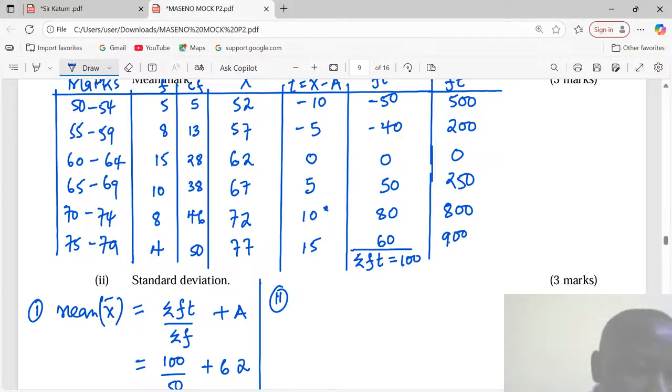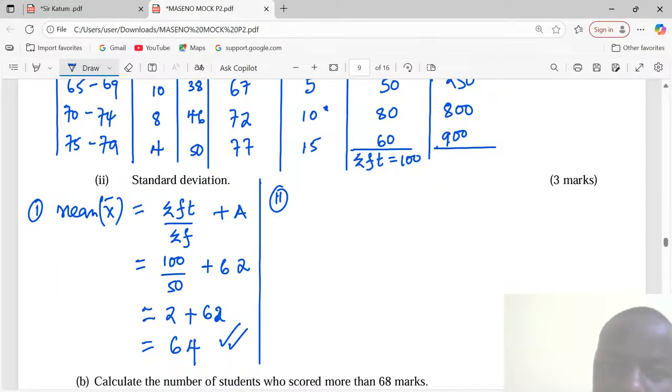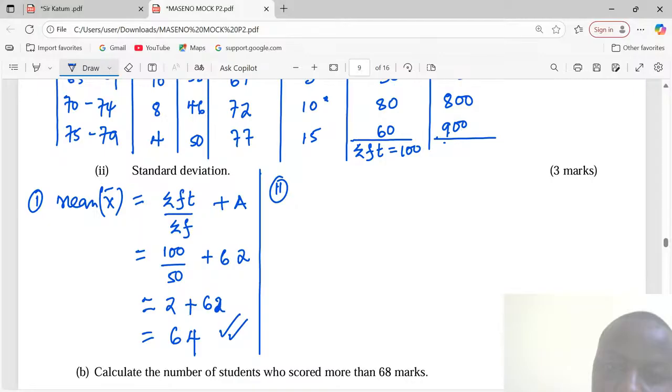So again, we take the summation of f of t squared.